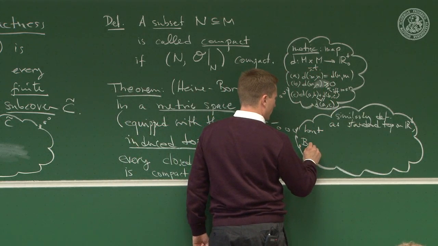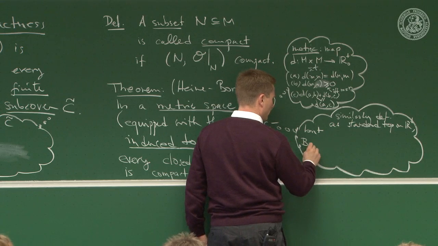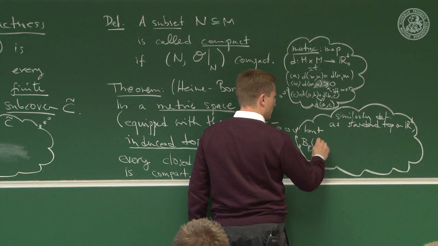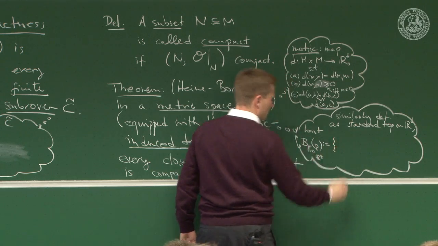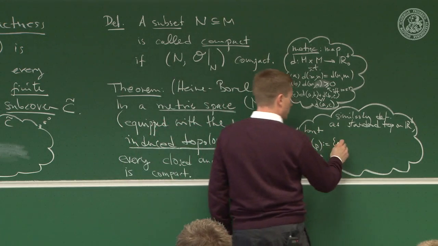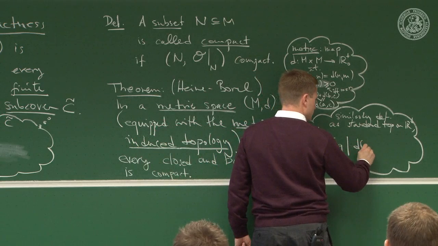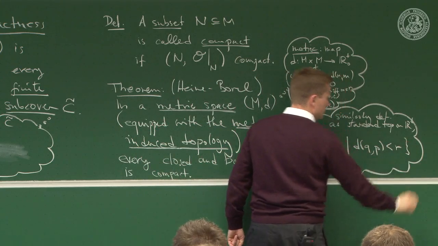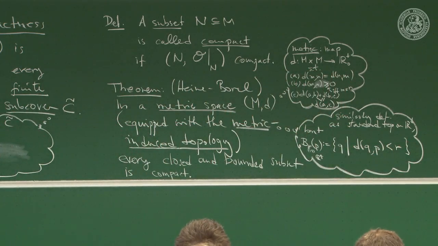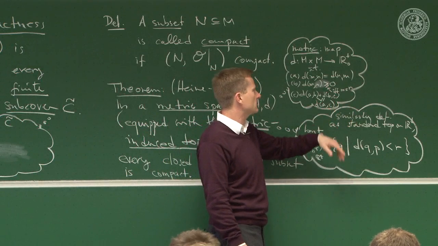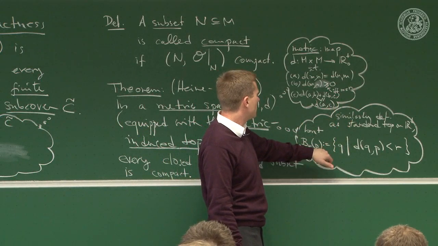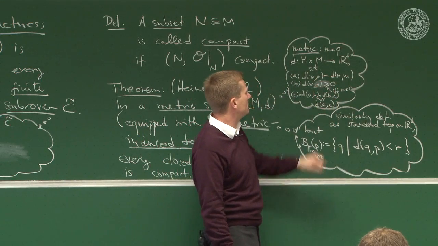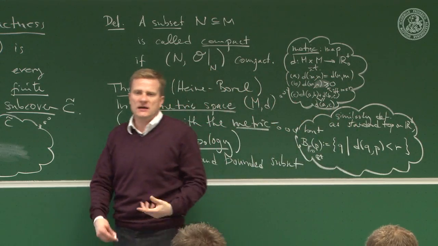The ball around a point P of the topological space, with radius R in R plus, is the set of all Q such that the distance from Q to P is less than R. So you see, instead of some norm, which clearly induces a metric on R^d, where you have an addition, a subtraction, and so on, there are spaces on which you have no addition.